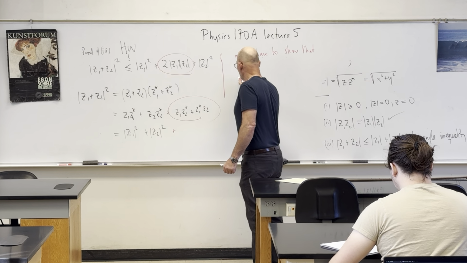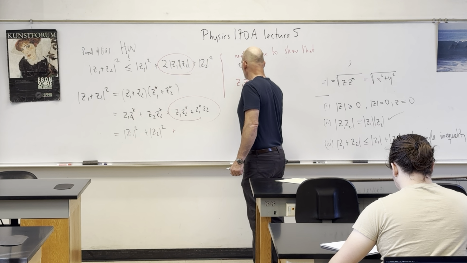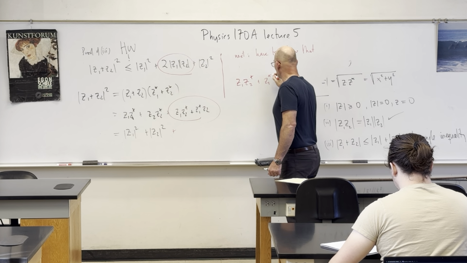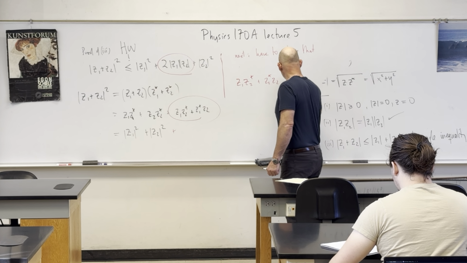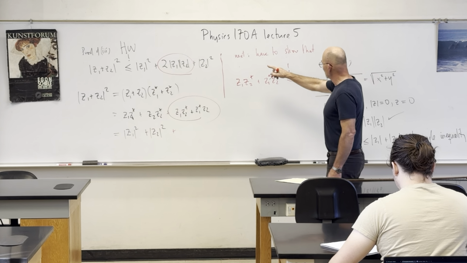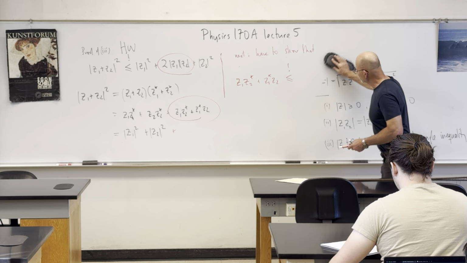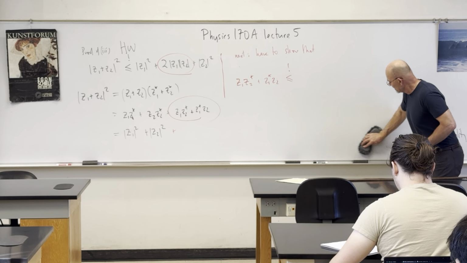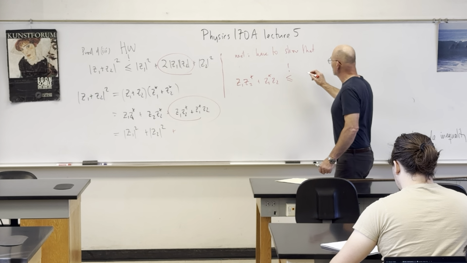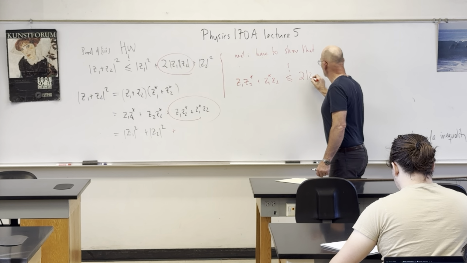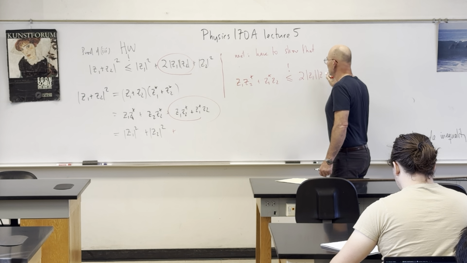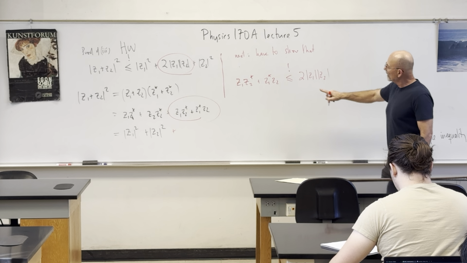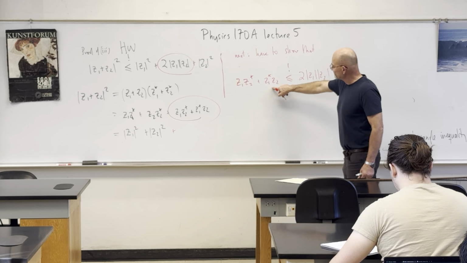So we have z1 z2 star plus z1 star z2. We have to show that that's less than or equal to the one on the circle on top, and 2|z1||z2|.